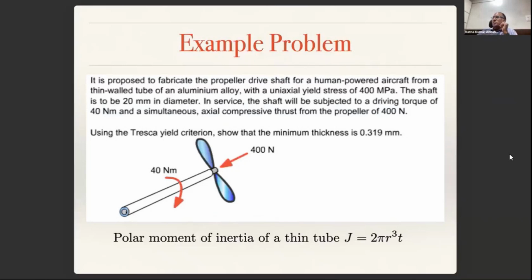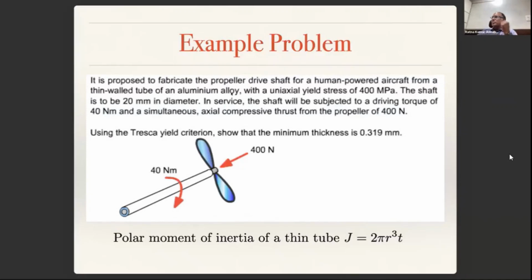This is a hollow shaft. The shaft is to be 20 mm in diameter. In service, the shaft will be subjected to a driving torque of this, and you need to find out what the wall thickness is. In the case of polar moment of inertia, this R will be 10 mm, and we need to find out what this thickness should be for the shaft to not fail.